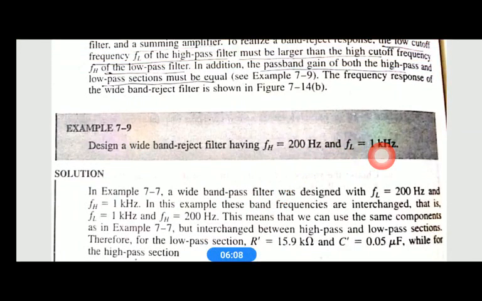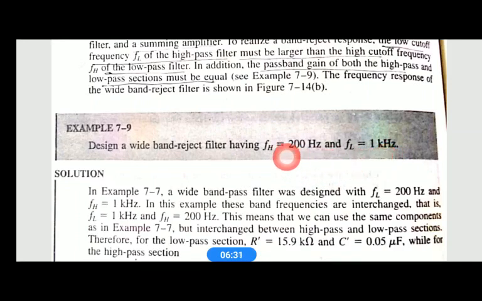So here the given FH value is 200 Hertz, FL is 1 kilohertz, right? In a previous class we designed a wide band pass filter which has FH as 1 kilohertz and FL as 200 Hertz, right?